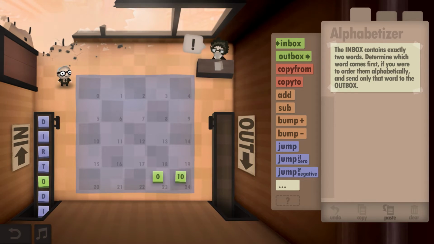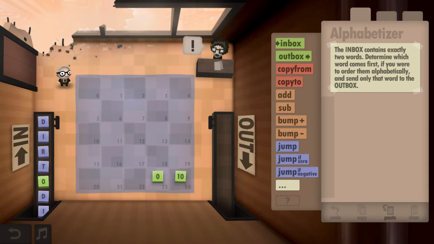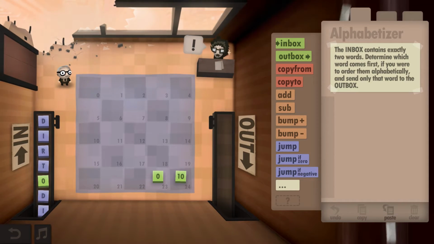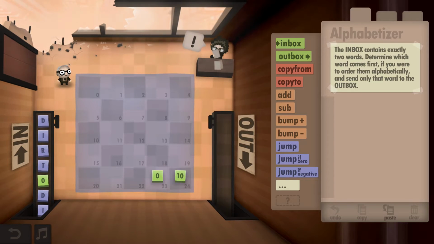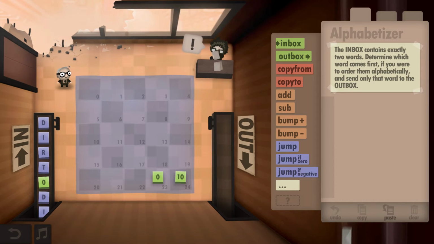Determine which word comes first if you were to order them alphabetically and send only that word to the outbox. What? What? You want me to do what? Determine which word comes first. Oh, okay, I get it.